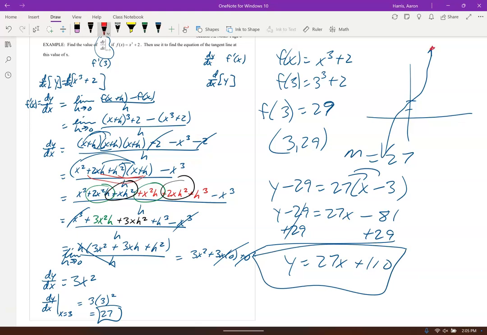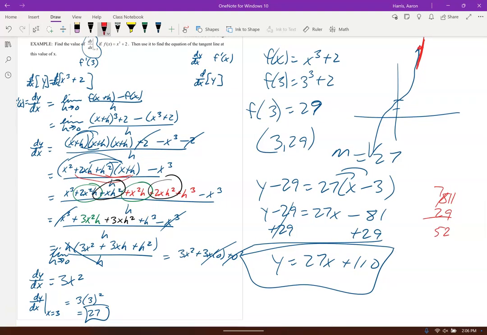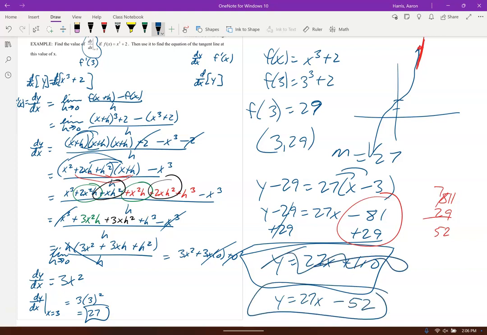If I had it way up here, that's the equation of that red line at 3, 29. Sorry, I did that a little too fast. Negative 81 plus 29. Thanks for pulling that out. That's a minus 52. Sorry about that.